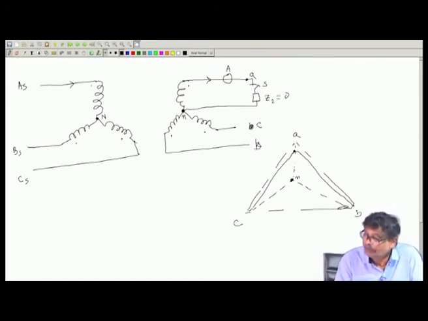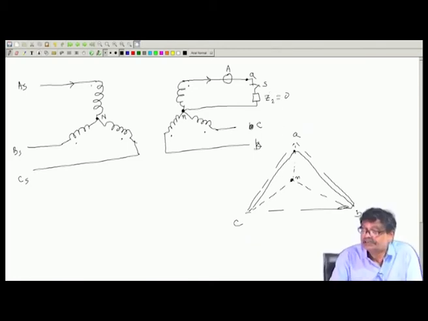So, this neutral point will oscillate somewhere depending upon the value of Z2 you have connected, and single phase loading you do not do. Do not ever try to attempt to load a Y connected transformer with single phase load, because of the fact then the voltage across the other two coils where you have not connected load will approach to line voltage.